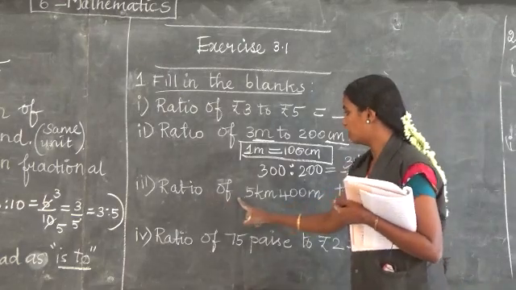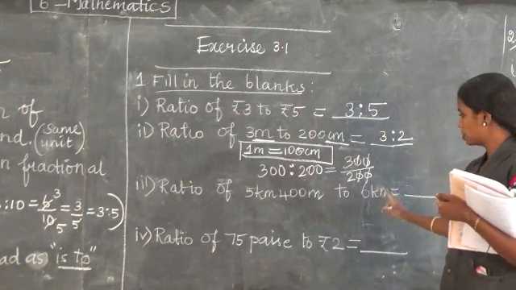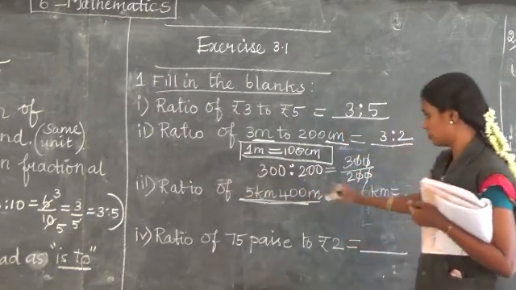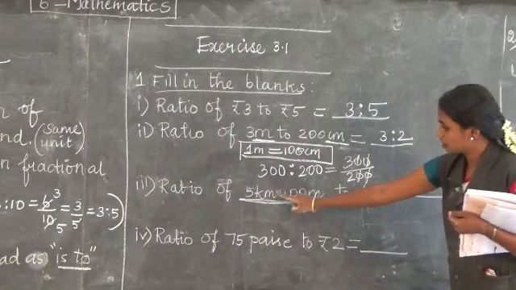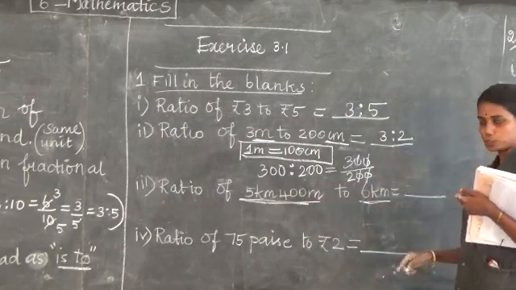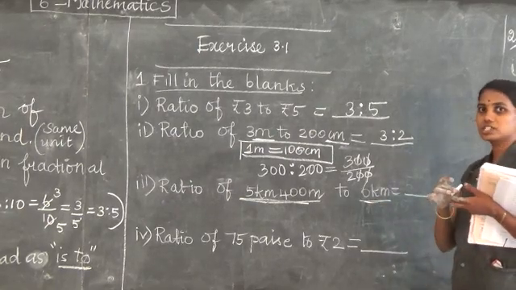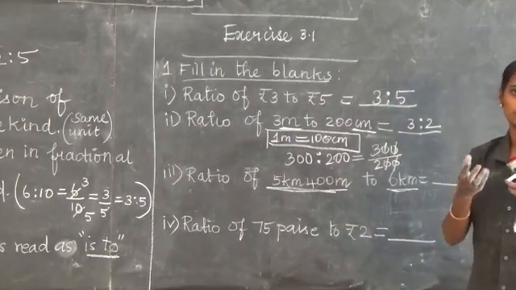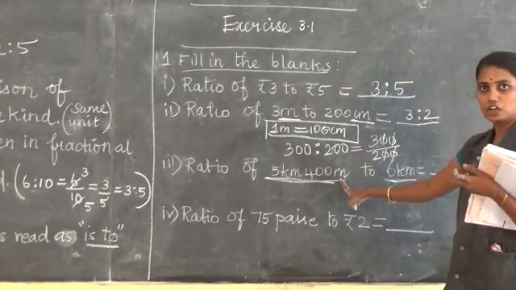Next, ratio of 5 kilometer 400 meter to 6 kilometer. This is the first term, this is the second term. It's given in kilometer also, meter also. The second term is given in kilometer. So which is the lowest unit? Convert to the lowest unit. Listen, meter is the lowest one.